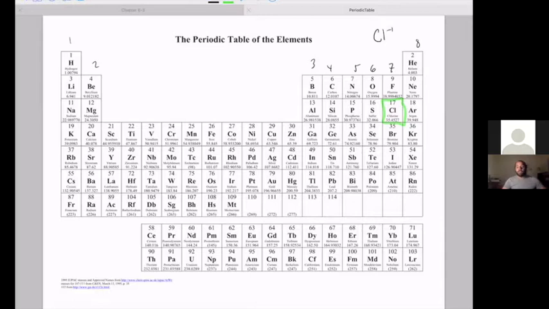The whole idea was it has 7 electrons, it wants to get to 8, thus it will accept an electron and have that -1 charge. So remember, hopefully everybody has this down from the previous set of chapters, where just by looking at the periodic table, we know what type of ion chlorine likes to form, how many valence electrons it has, and how many it needs to complete its octet.